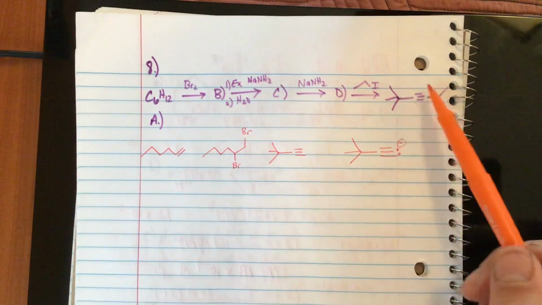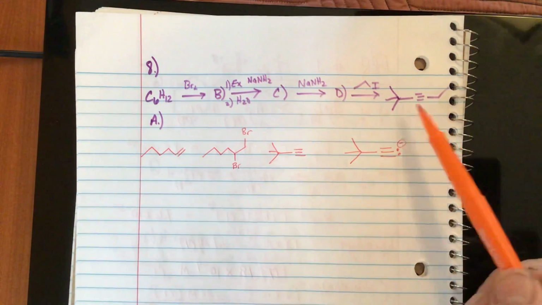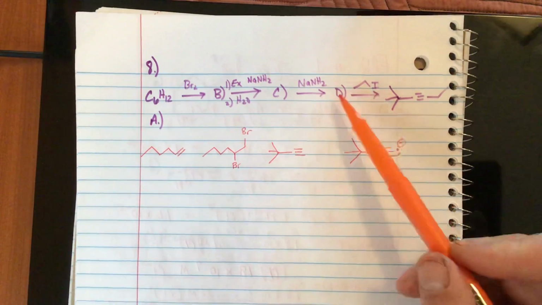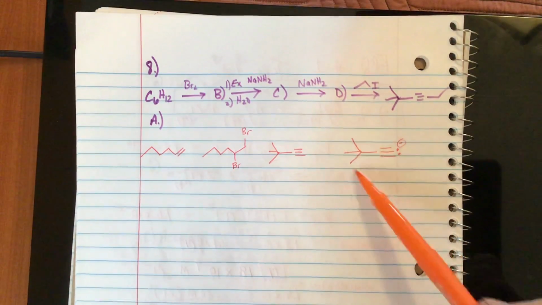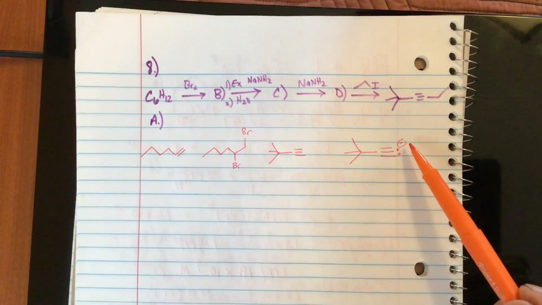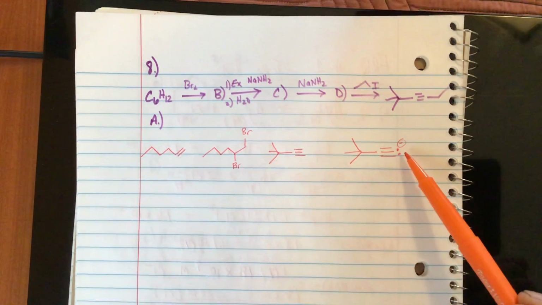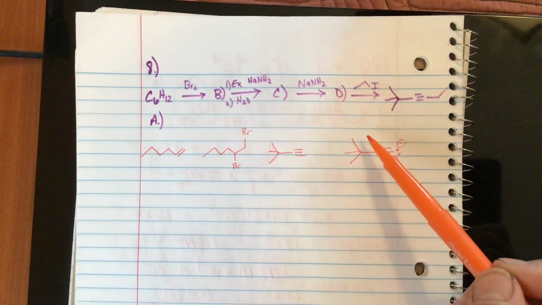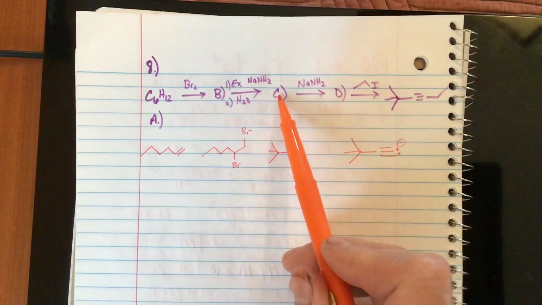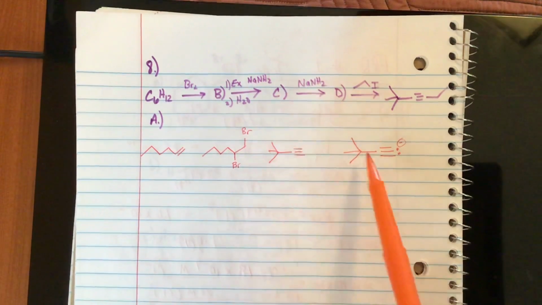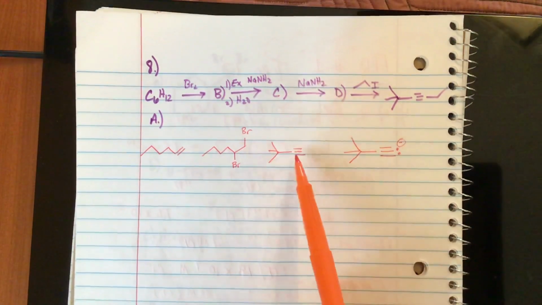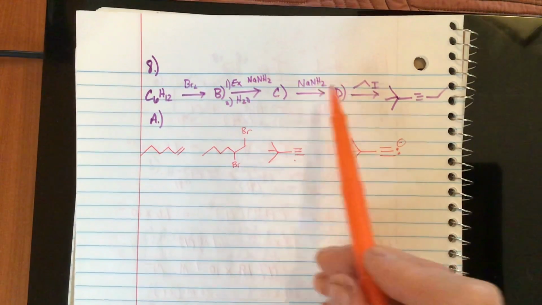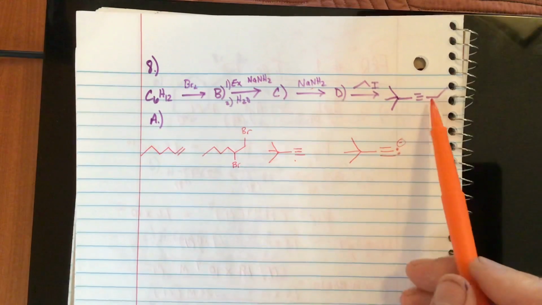If this is our final molecule, and it was reacted with ethyl iodide, then D must have been this ion here, this alkanide ion. So the alkanide ion is D, and then C would have been the molecule prior to this. It was just hit with strong base, so this would be a terminal alkyne. A terminal alkyne reacted with this strong base followed by ethyl iodide would give us this.